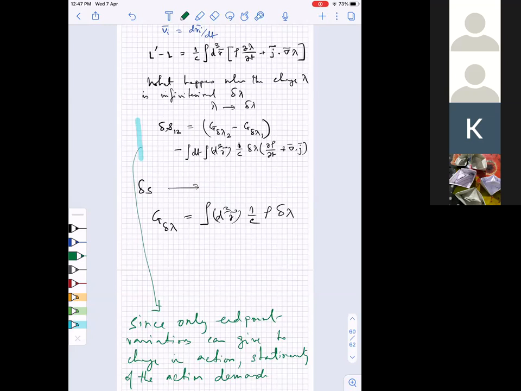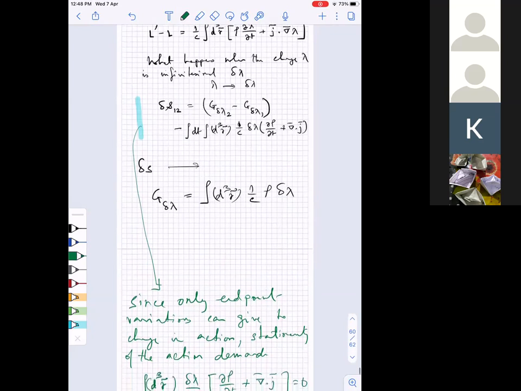So there are two parts. One part, this G part over here, is the total time derivative of G, that is conserved. So that gives you a 0. That does not contribute. And then there is a second part. If I want the stationarity of the action, then this second part should also be equal to 0.